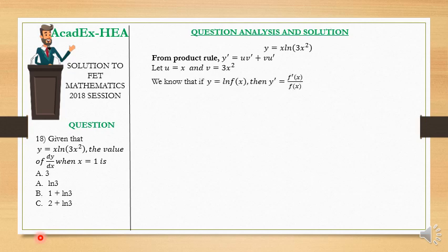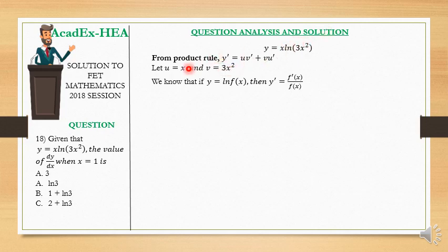Now we have that if y is equal to the ln of f of x, then y prime, which is dy by dx, must be equal to f prime of x over f of x. Since v is the ln of 3x squared, it's not just 3x squared.